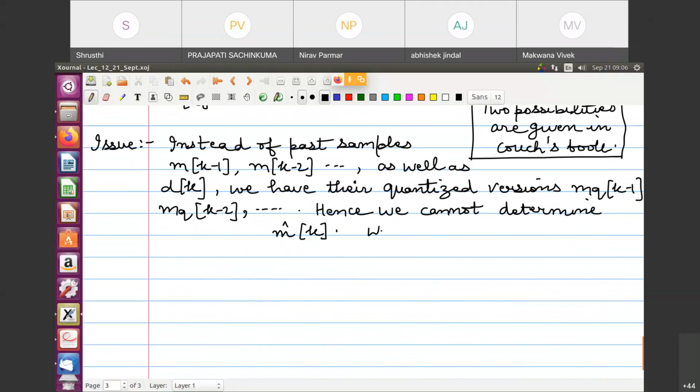So we can determine an estimate of m q of k. This is what I can best do. That I can use m q of k minus 1, m q of k minus 2 and up to m q of k minus n with d q of k to find m q cap of k. That means we can determine the predicted value and the quantized value of the current sample m of k.